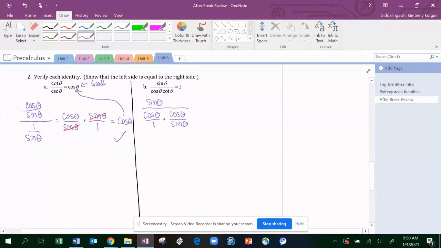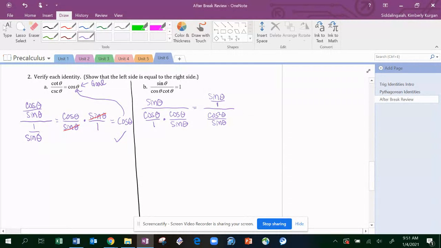Our goal is to get 1, which would mean everything cancels out. So let's rewrite that denominator as 1 fraction, and I'm going to rewrite it as sine over 1. So multiply across here, I get cosine squared theta over sine theta.